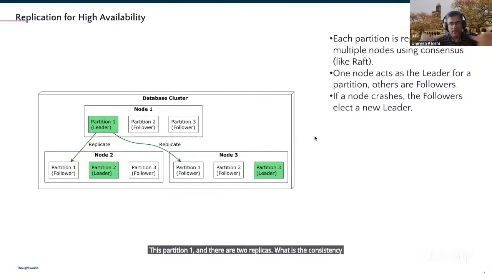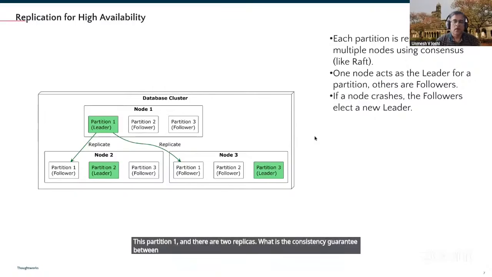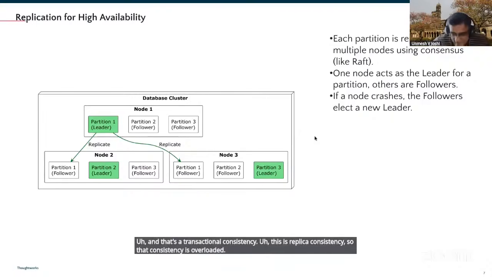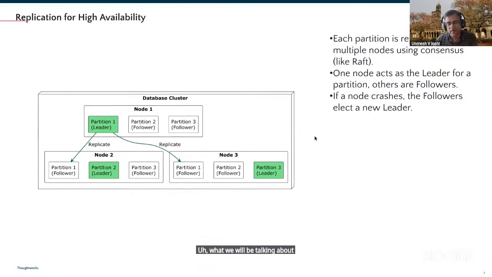What is the consistency guarantee between these three? There is also a consistency guarantee when there are concurrent reads and writes happening across transactions, and that's transactional consistency. This is replica consistency. So consistency is overloaded. What we will be talking about is transactional consistency and not replica consistency. Replica consistency goes into the discussions about consensus essentially.